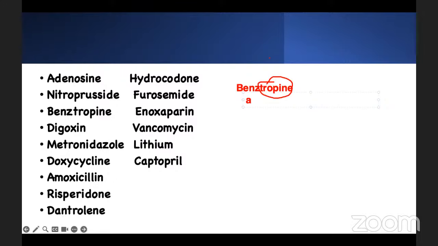It looks like atropine. And what is atropine? It's an anticholinergic. Therefore, Benztropine is an anticholinergic. Straightforward.